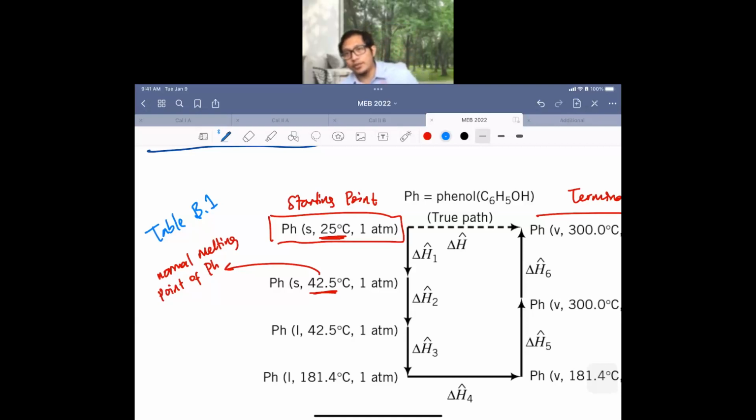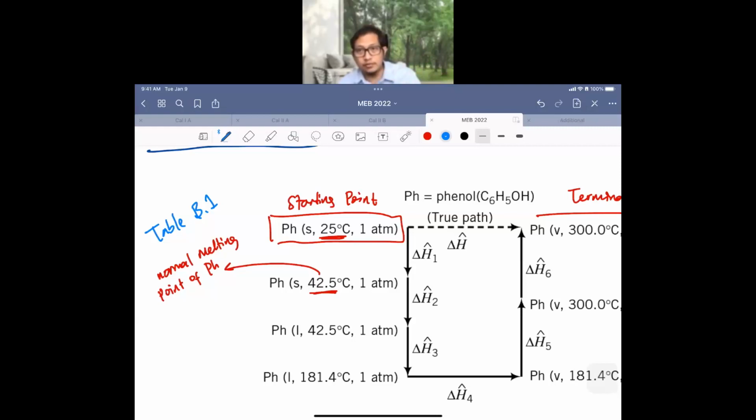And why do you need the normal melting point? To construct some process path, okay. So I hope you get the idea. Before, in Chapter 7, you were likely to use Tables B5, 6, 7, which relate to water vapor, saturated steam and superheated steam, right?